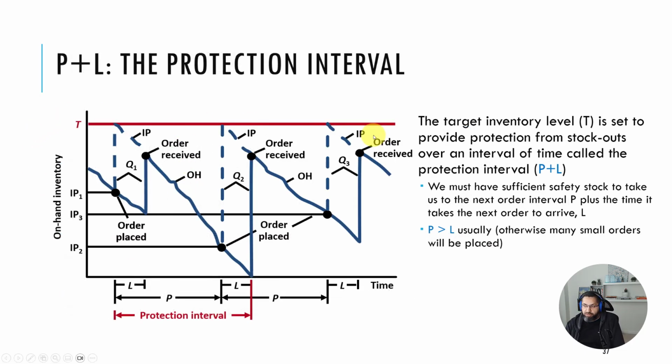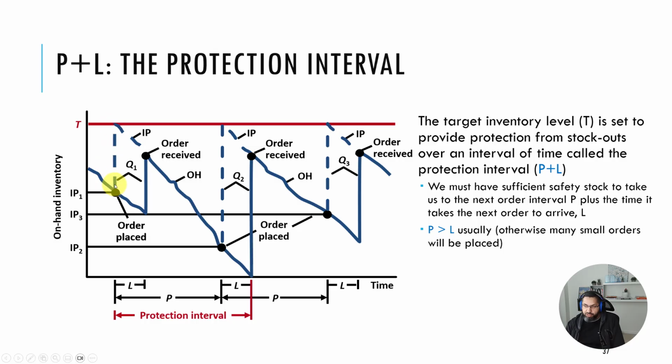This is a diagram showing you how inventory position and ordering works. The red line is the target inventory level that we'll learn how to calculate. Every P days, we place an order. So at this time, which says IP1, our P days have elapsed from the past, and our inventory position is on this solid blue line and is much lower than the red line.